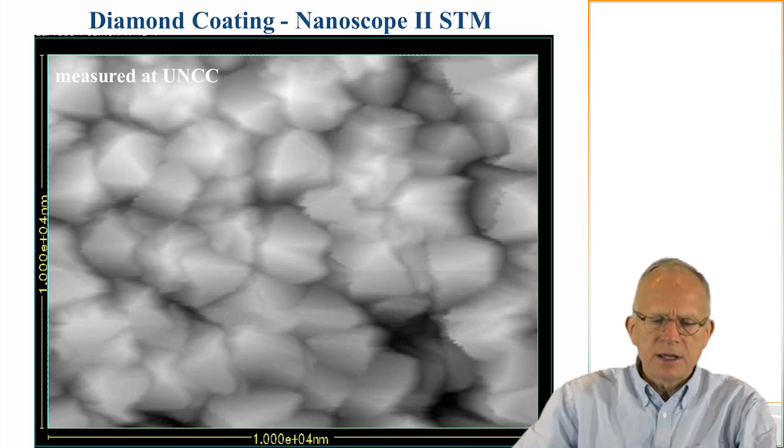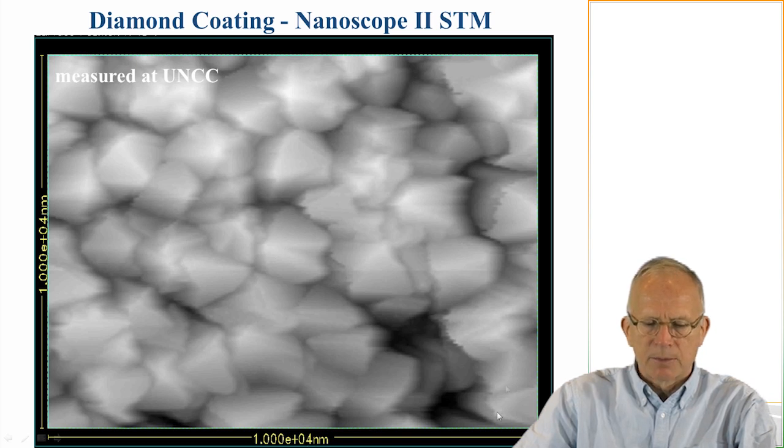We can see that it's a collection of little pyramids on big pyramids. Note the scale here is 10,000 nanometers, or 10 micrometers by 10 micrometers, so these are quite small. We can see what look to be measurement artifacts as the scanning was horizontal, going back and forth. But there's a distinct pattern of little pyramids on big pyramids.